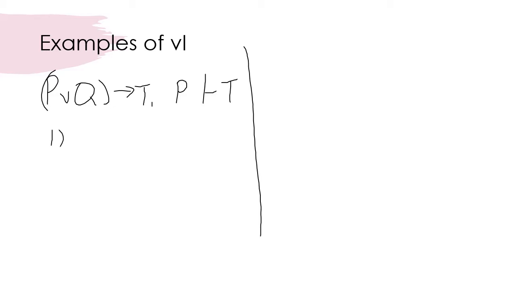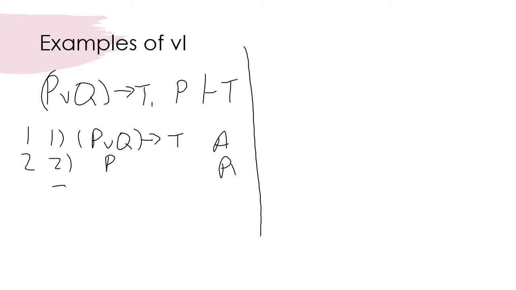So we have two premises, P wedge Q, arrow T. It's an assumption. P, also an assumption that we have. 1 and 2, we associate them with the assumptions with the line numbers they're introduced.